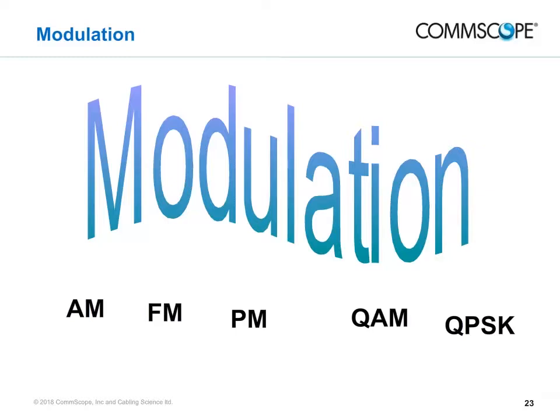For digital signals in particular, these methods are often combined, resulting in quadrature amplitude modulation, or QAM, and quadrature phase shift keying modulation, or QPSK. The details of how each method of modulation works are beyond the scope of this RF theory primer.